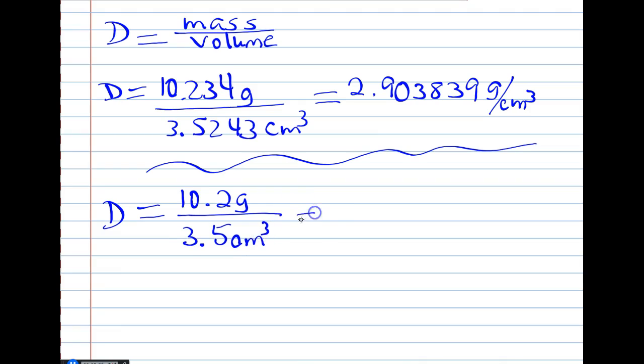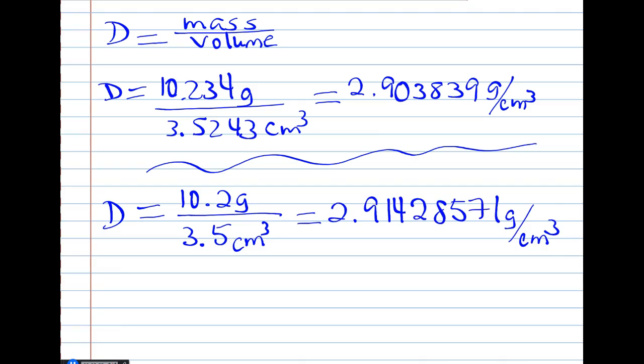So this would give us a slightly different answer. When we plug the second operation into the calculator, I get 2.91428571 grams per cubic centimeter. So as you can see, we get slightly different numbers, especially once we start getting to the hundredths of a gram per cubic centimeter. We get different numbers according to the precision of the measurements we obtain from the different tools we used.